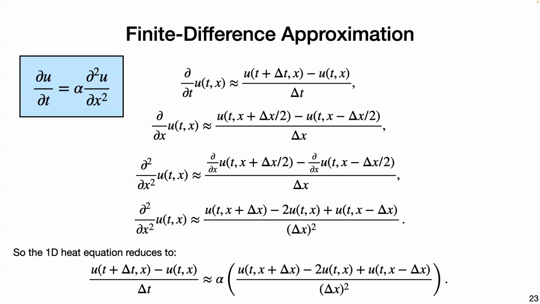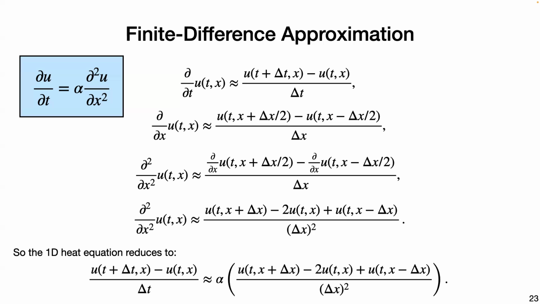But basically, what it comes out to is you want to approximate this thing, which is an approximation for the derivative, and you get a function like this: alpha, which is a constant, times u(t, x plus delta x) minus 2 times u(t, x) plus u(t, x minus delta x), the whole thing divided by delta x squared.